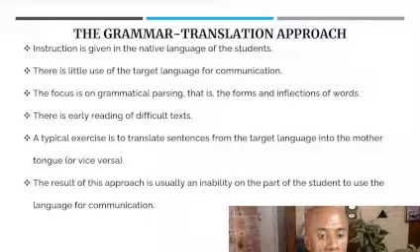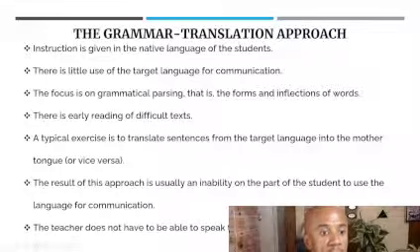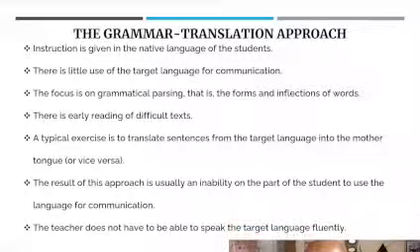Then another aspect then is the teacher does not have to be able to speak the target language fluently.